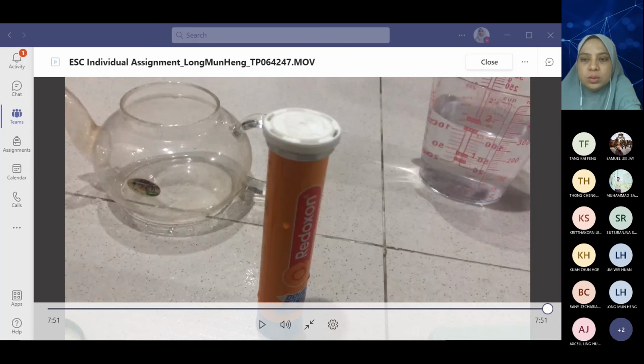Okay, any question for Long Manheng's experiment? He's doing the Archimedes principle. Good work, man.